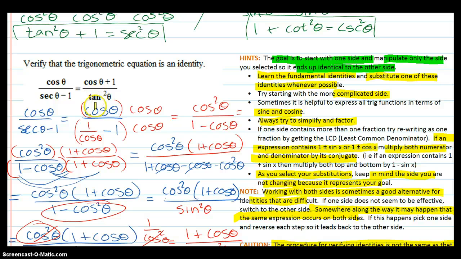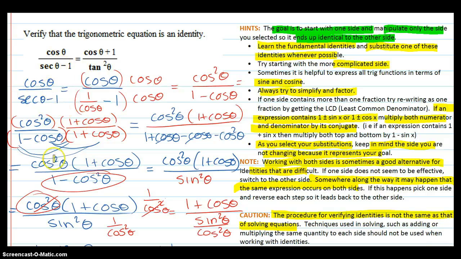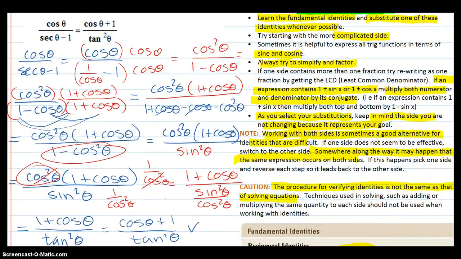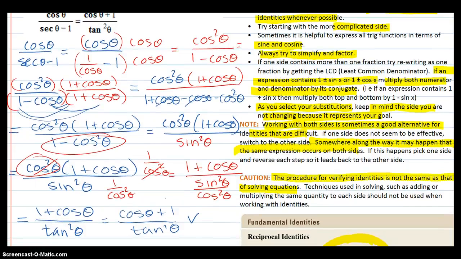We never use the right-hand side or cross-multiply. Yes, this side will equal that side, but that is not how you verify identity. You verify identity by starting with the left, working, not messing with the right, and getting the right at the end, or vice versa, starting with the right, not messing with the left. So that is how you verify identity. Hope that helps.